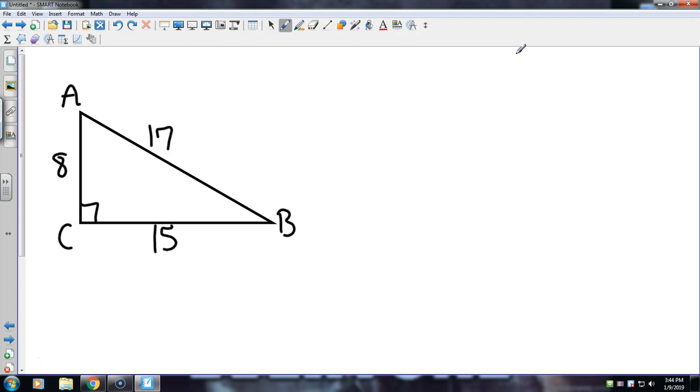If I asked you what the sine of angle A was, well, sine is SOH, so I need to find the opposite side, and I need to find the hypotenuse. Now, you might ask opposite from where? Well, it's going to be opposite the angle that they're asking for.